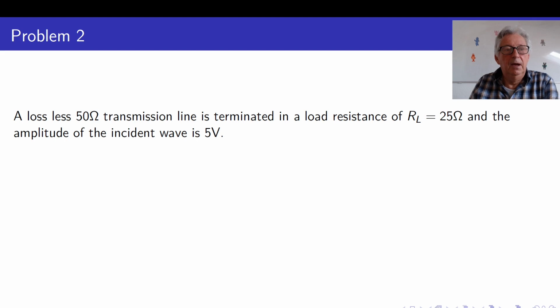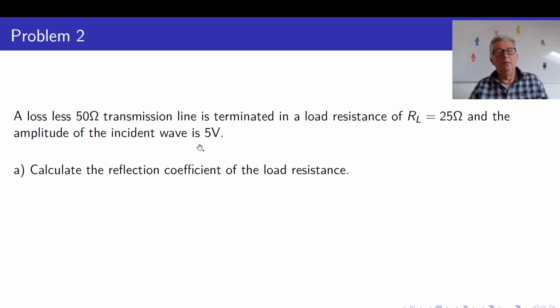So in the next step we come to our problem 2. In this problem we have a lossless transmission line which is terminated with a load resistance of 25 ohm and an amplitude of the incident wave of 5 volt.